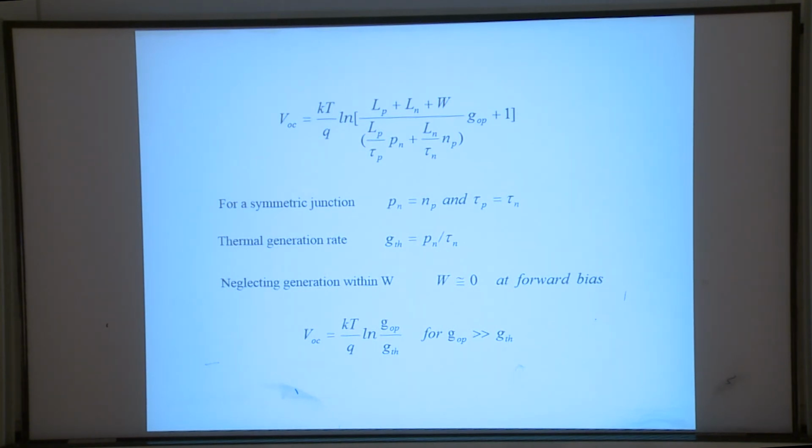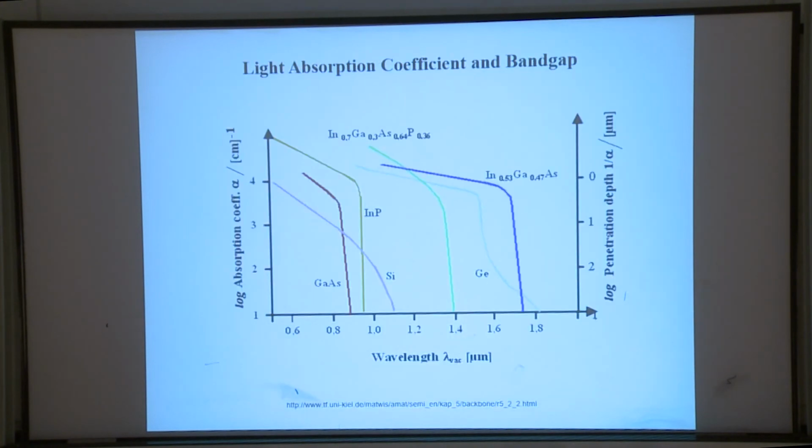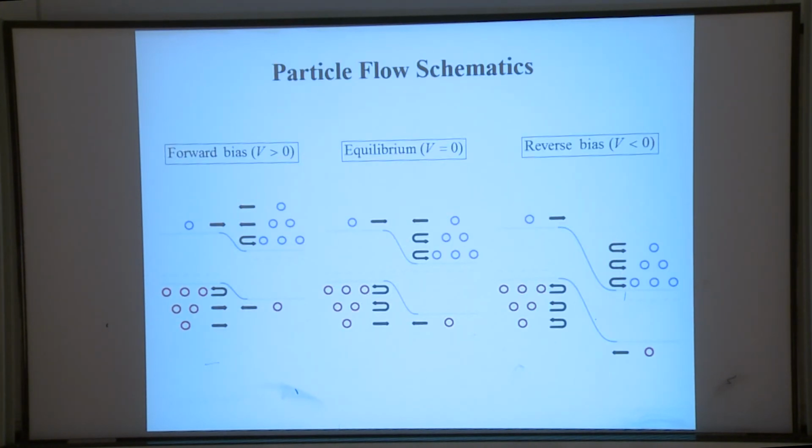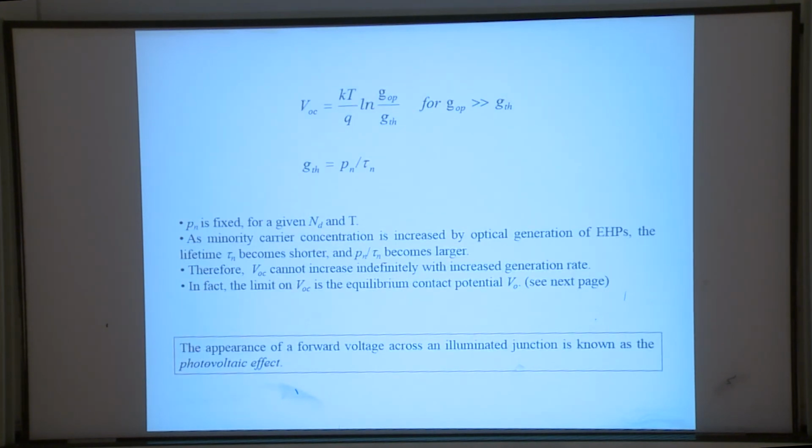So that means when you increase the G, you will increase the VOC little by little, not that significant, because it was taken by natural log. So even though it increases, it does not increase that much. Okay, so I just rewrite this equation.